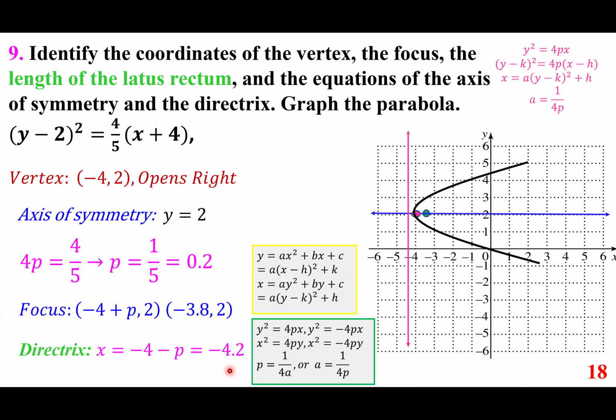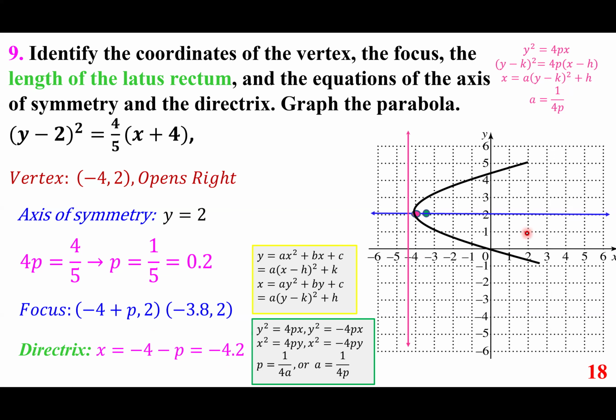Again, I highly recommend that after you figure this out, you draw the graph and look at your focus and directrix. Not to scale, you don't have to worry about the scale, but it'll help you see where you're looking for those. All right.